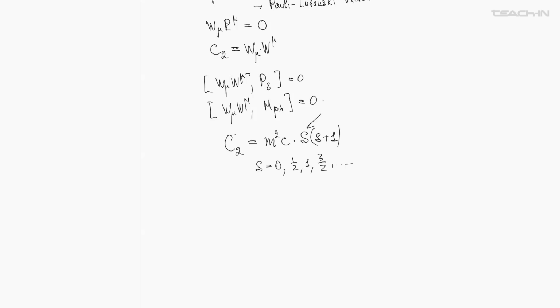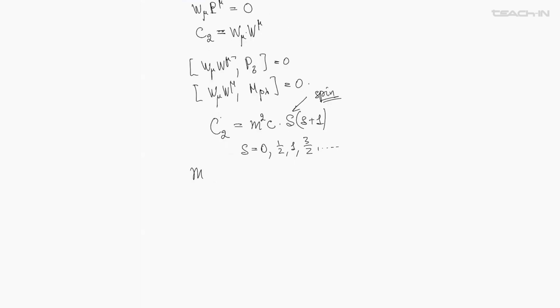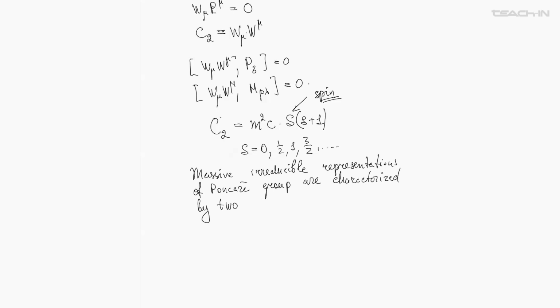So in other words, massive irreducible representations of the Poincaré group are characterized by two numbers, mass and spin.